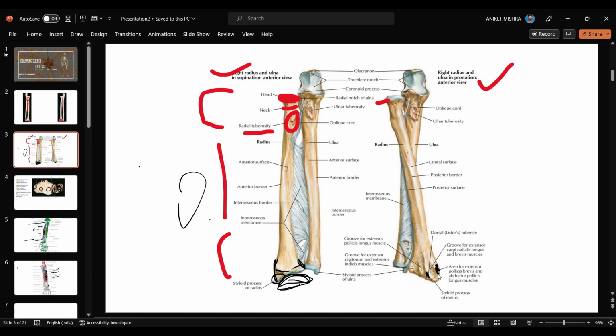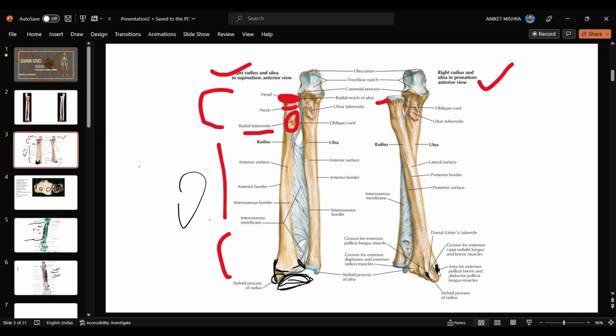The second groove is between the styloid process and the dorsal tubercle. So this is the styloid process and this one is the dorsal tubercle.